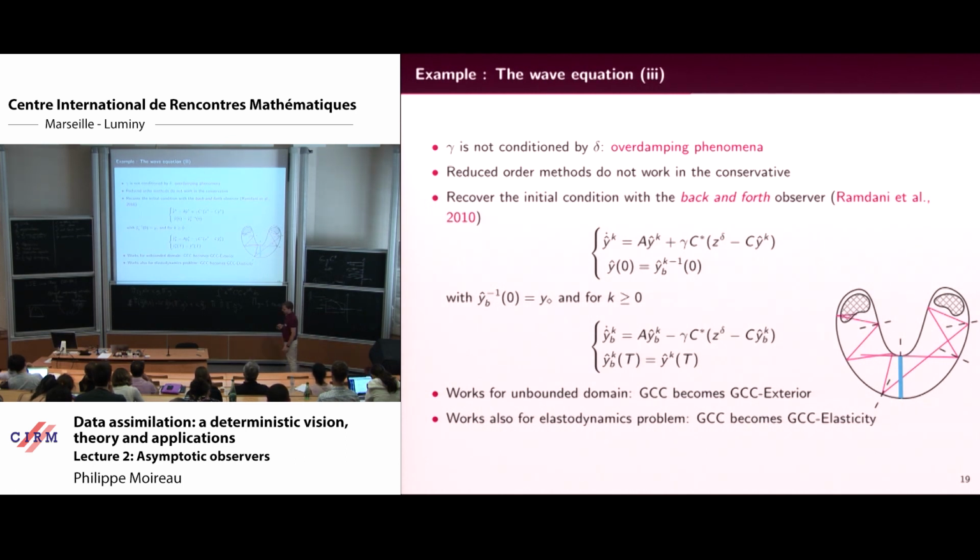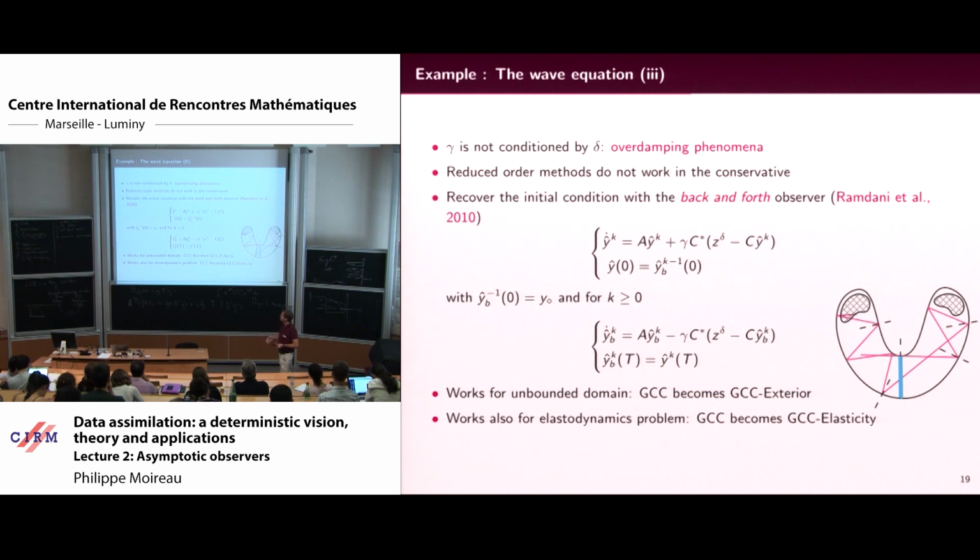And what is nice is to understand what will happen for elasticity. So this is for the wave equation, okay? You have the ray, the geometric optical ray, and basically the geometrical optical rays are the support of the information, okay? That's the principle behind the microlocal analysis.